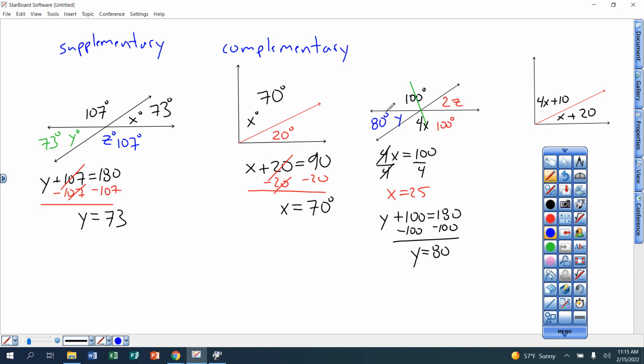But know that this z is not 80. You know that that z and that 80 are vertical, so you set those up like this. 2z equals 80. So if you divide by 2, the only answer that gives you that z, which I'm looking for, to get 80, z would have to be 40.